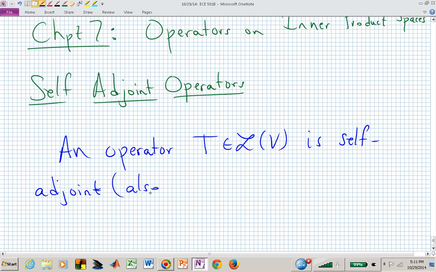And if you really want to inspire a lot of conversation at your dinner table, you can say, oh, we were working with Hermitian maps. It's also called a Hermitian operator, or T is Hermitian if T is equal to T dagger.